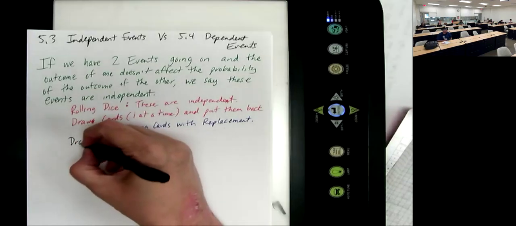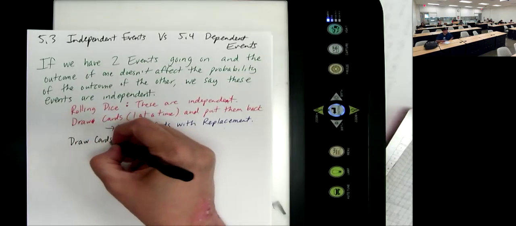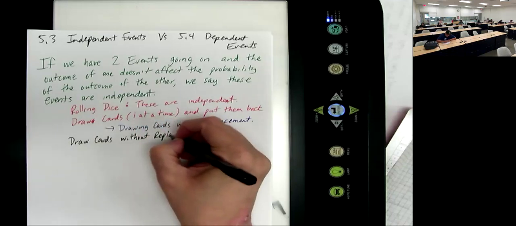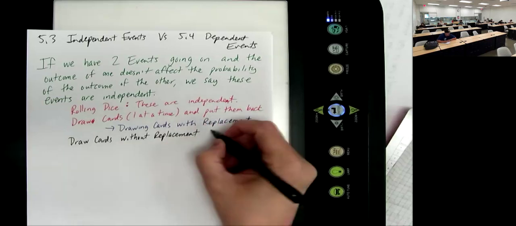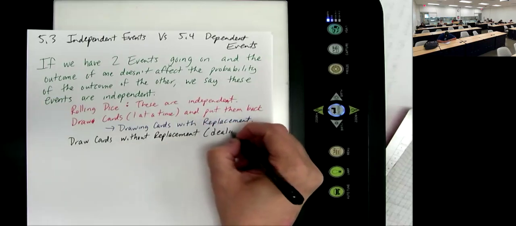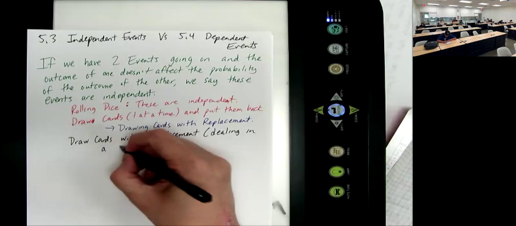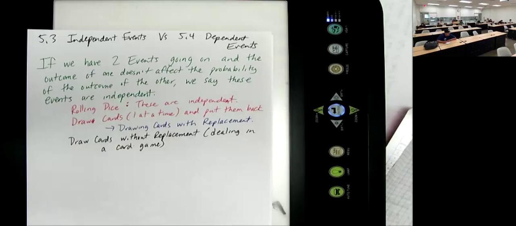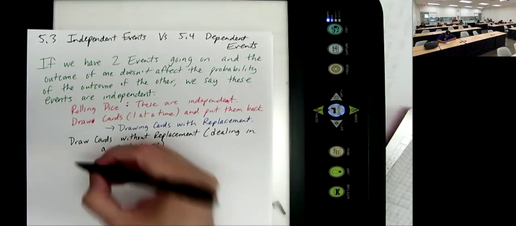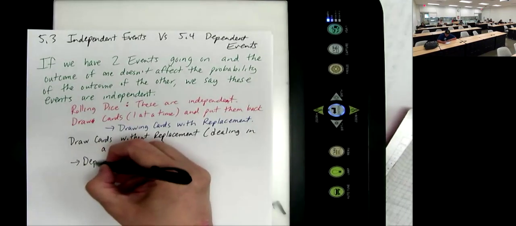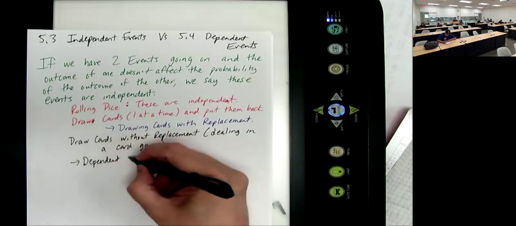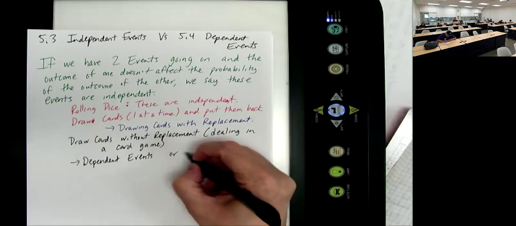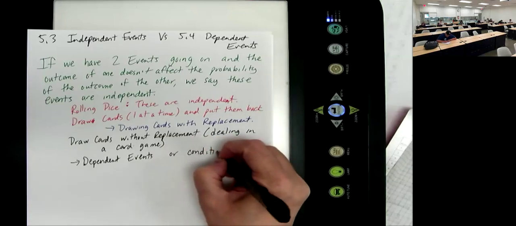If you draw cards without replacement, like if you're dealing in a card game, this is considered dependent events. And we also call it conditional probability.